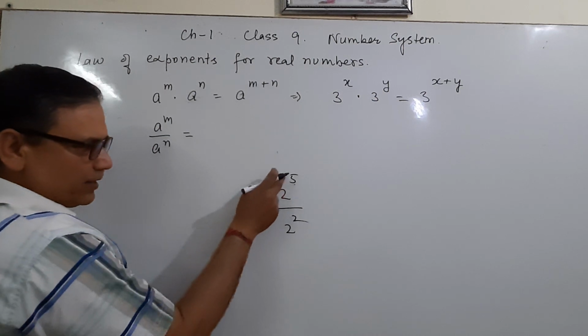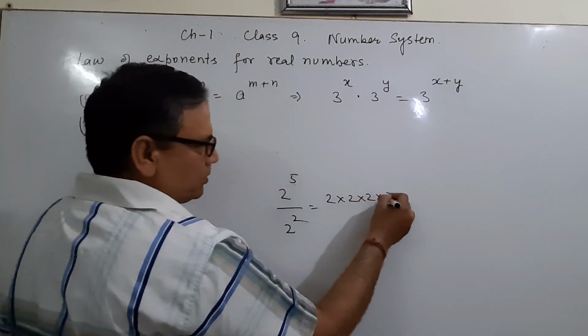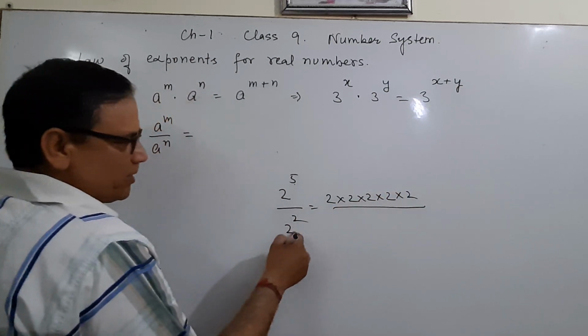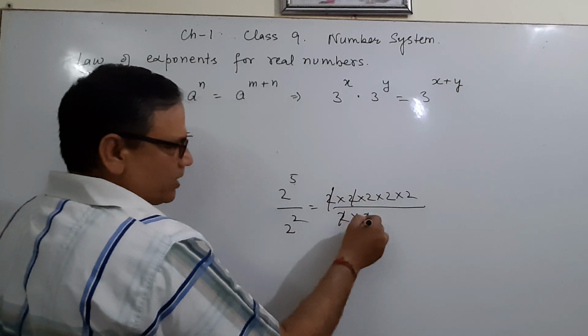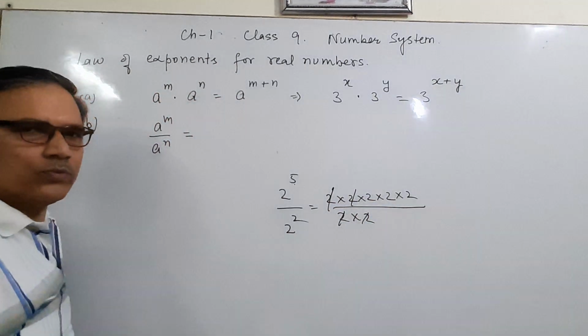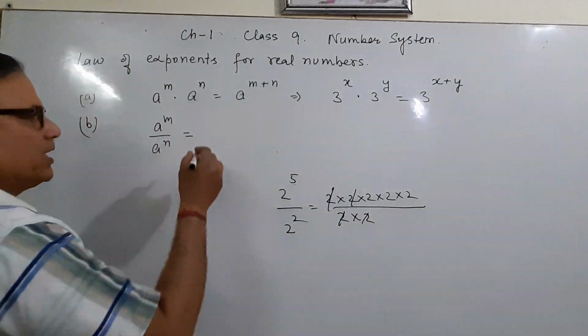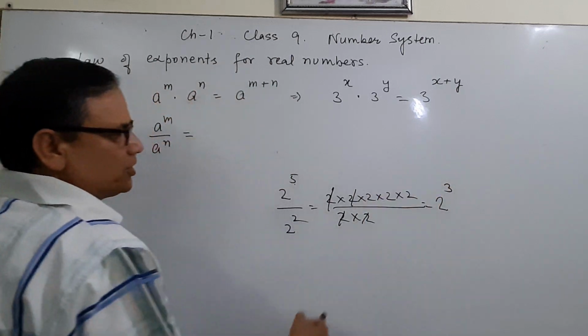How many times do I have to write 2? 5 times, 2 into 2 into 2 into 2 into 2. And here, how many times? 2 times, 2 into 2. This 2 will cut, this 2 will cut. The answer is 2 multiplied how many times? 2 multiplied 3 times. Then the answer is 2 power 3.